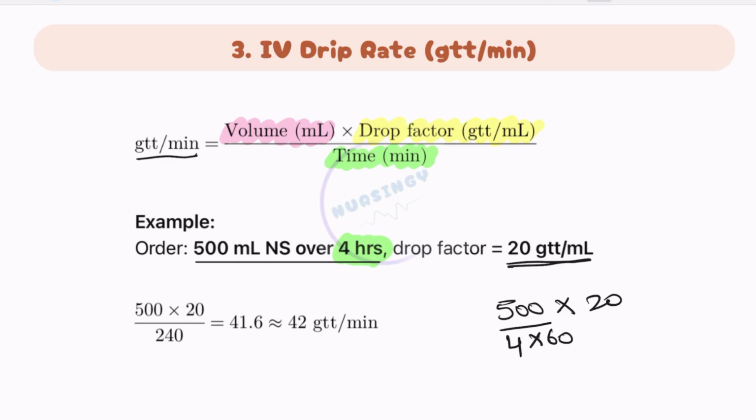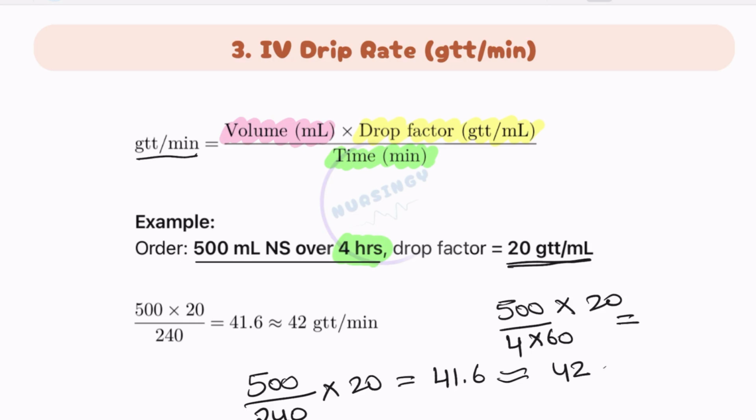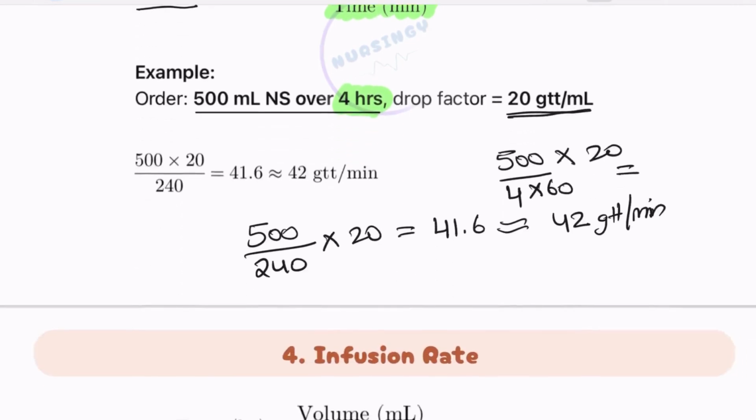So it will be 500 by 240 times 20, and that will be 41.6, which is rounded off to 42 drops per minute. Everyone happy? Let's move to the next one.